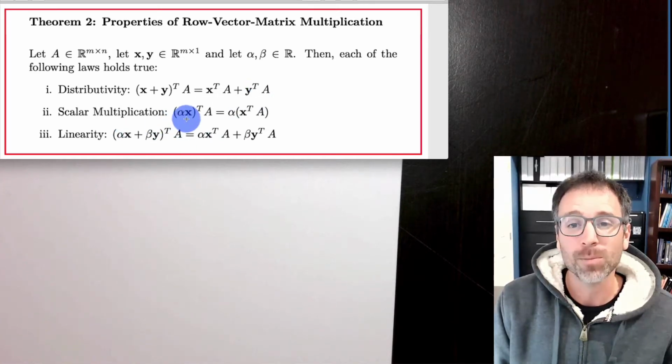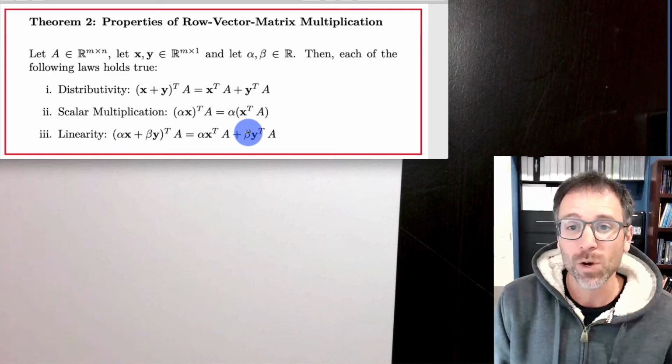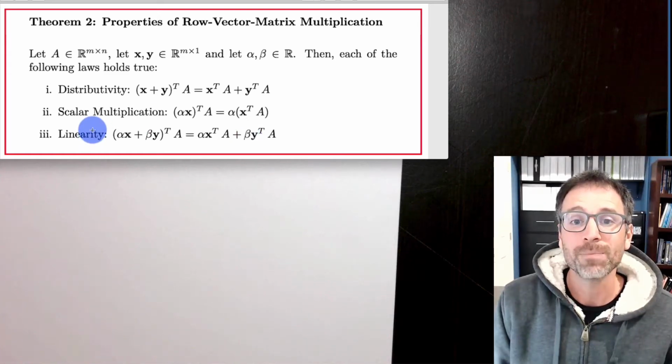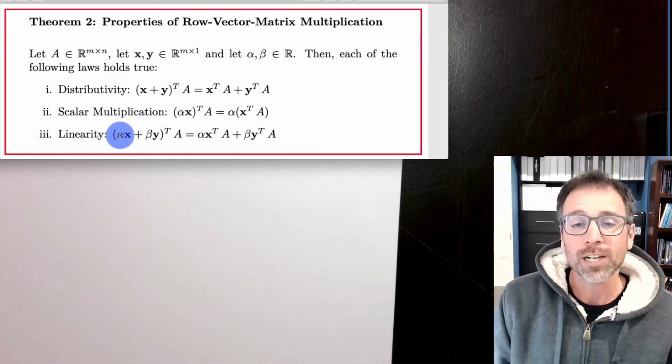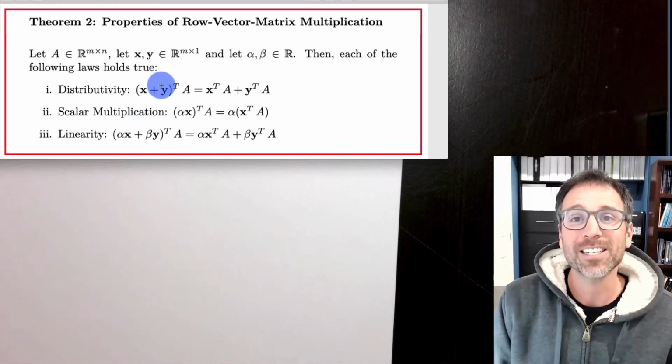And then if I have scalar multiplication, I know that I could bring out a scalar alpha for one of them and a scalar beta for the other one, which means I get linearity for free. And the reverse is also true. Assume that beta is 0 and alpha is any scalar, I get scalar multiplication. Or assume that alpha is 1 and beta is 1, I get distributivity.